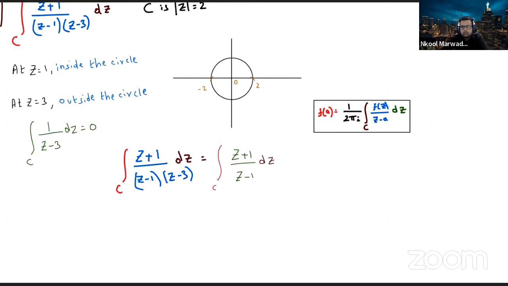So this I can write, it will be equal to 2 pi i into f of a. Here a is 1, so 2 pi i f of 1.